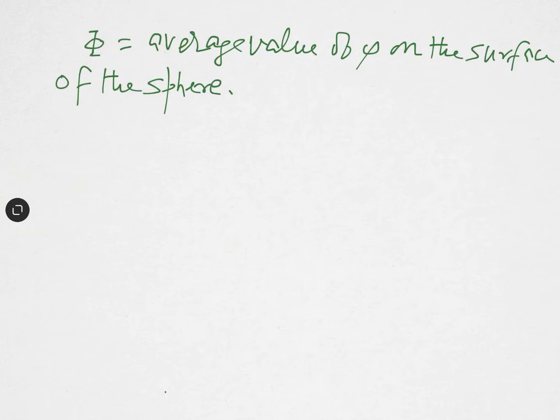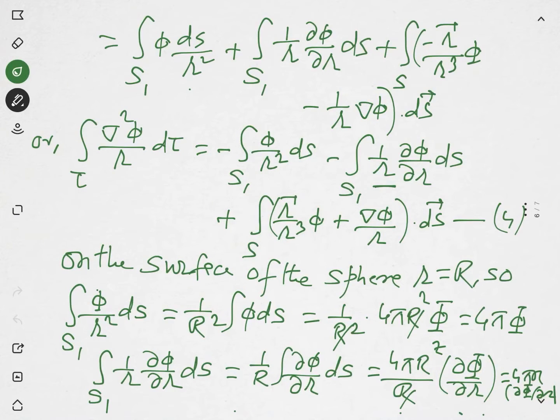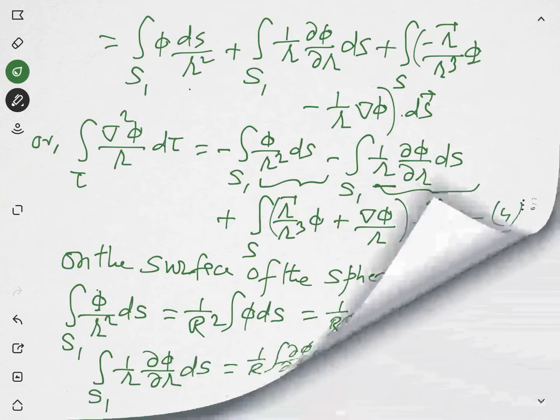So, in the light of above equations, now we can write equation 5. How can you write equation 5? See, not equation 5 but equation number 4. I have just evaluated these first two integrals on the surface of the sphere of radius capital R. So if we substitute these values in equation 4, then you can see that equation 4 will become what?